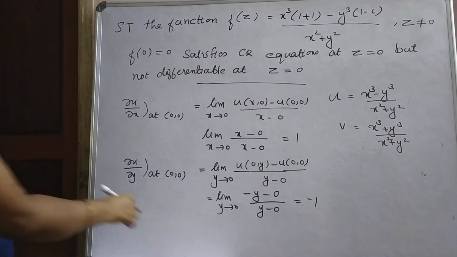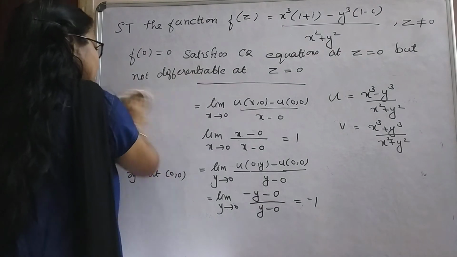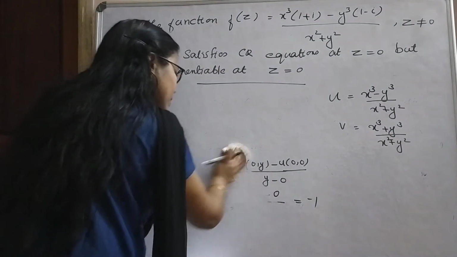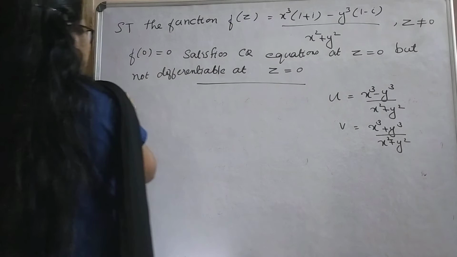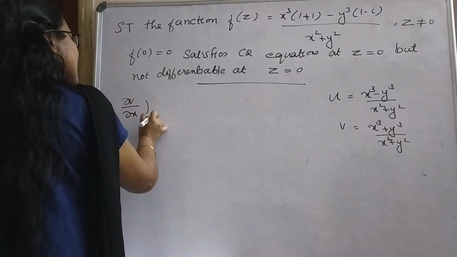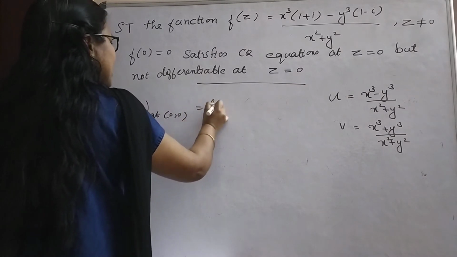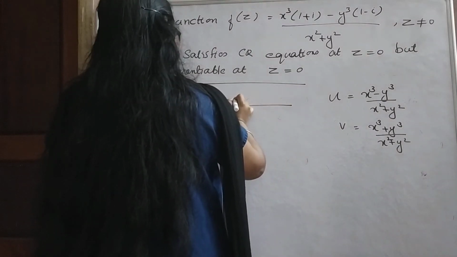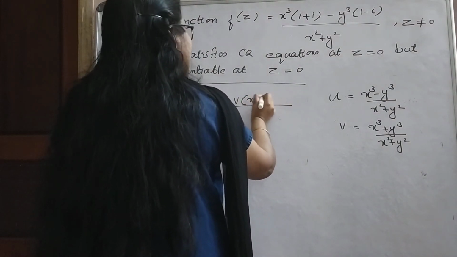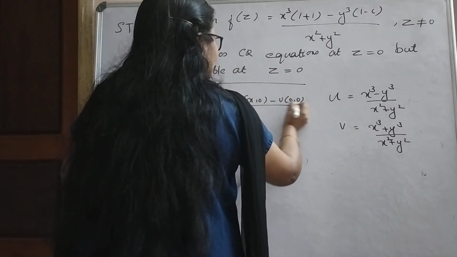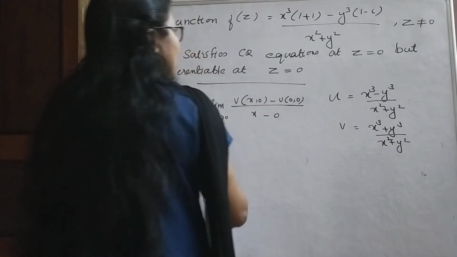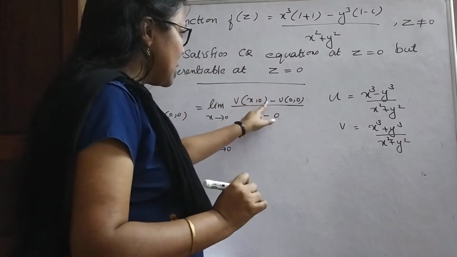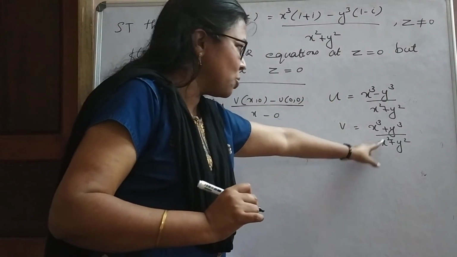Now we have to find ∂v/∂x at (0, 0), which is equal to limit x tending to 0, [v(x, 0) − v(0, 0)] / (x − 0), which is limit x tending to 0. v(x, 0) is putting x as x and y as 0.